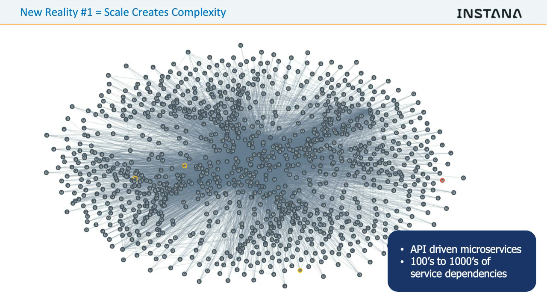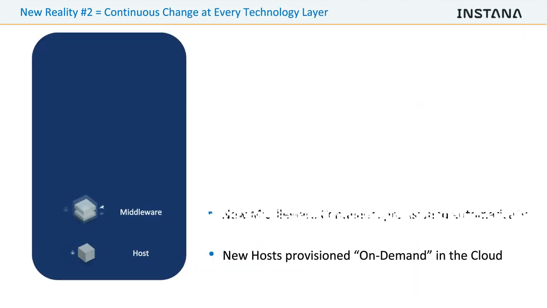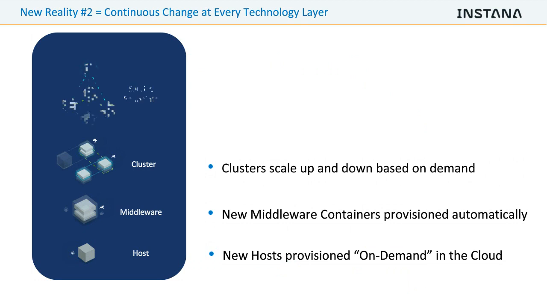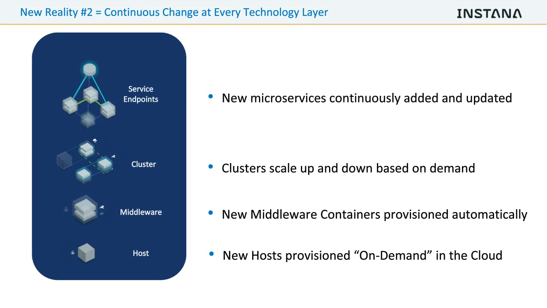So what I like to think about when we think about this is to talk about all the changes that happen at the layers. We have new kinds of on-demand hosts. We have not one or two middleware vendors, but dozens of middleware vendors. And they're not all just tied around a piece of code, like a piece of Java code or a piece of .NET code, but they're literally doing functions in the middleware itself.